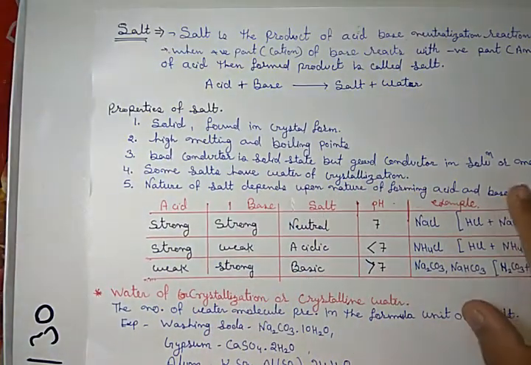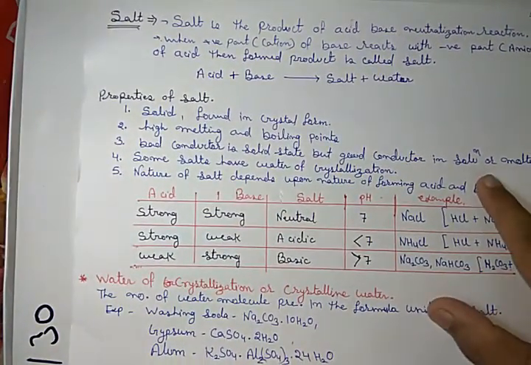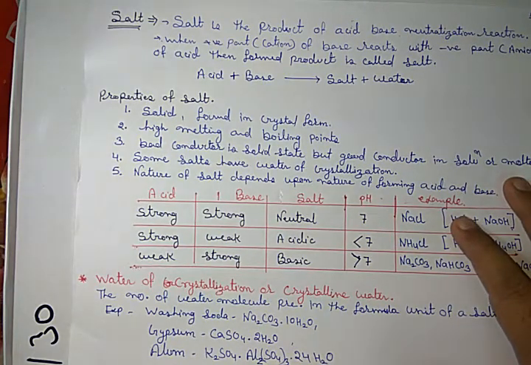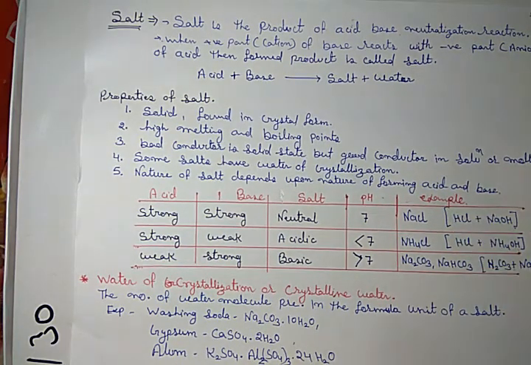But in molten state or in solution the ions become free, so they become good conductors of heat and electricity. Some salts have water of crystallization. What is water of crystallization? We will discuss that after this. And the fifth point is that the nature of salt depends upon the nature of the forming acid or base.